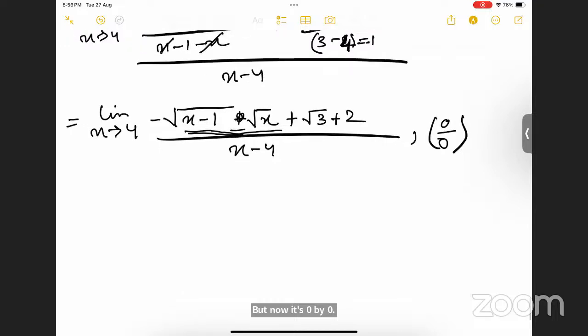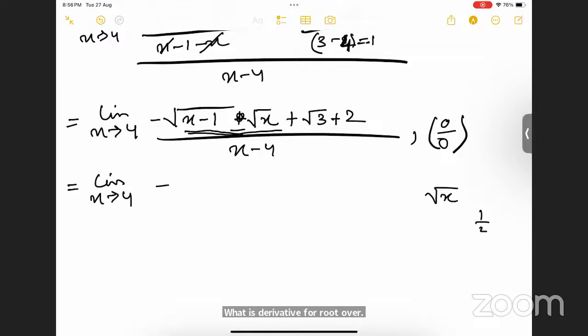So we can apply the L'Hopital rule here. What will be the derivative? What is the derivative of root of x? 1 upon 2 root of (x minus 1), minus (x minus 1) to the power minus half, right? Yes, ma'am.